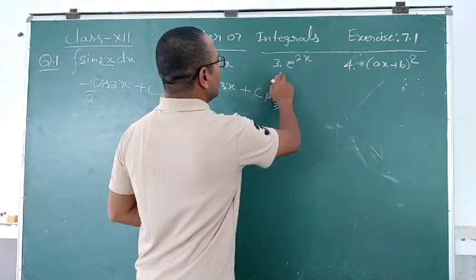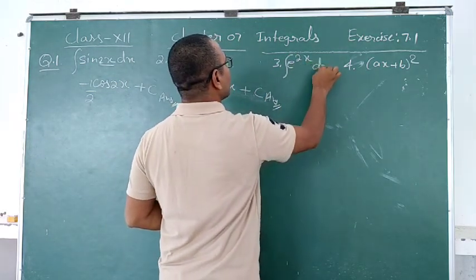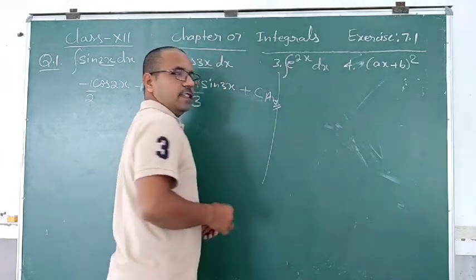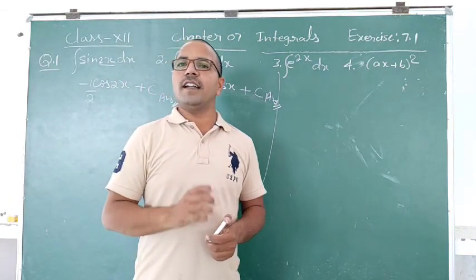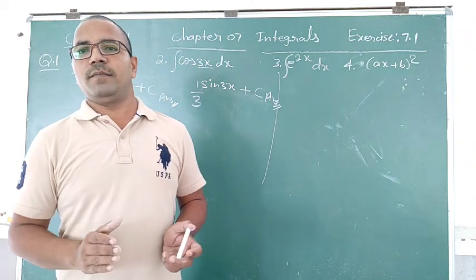Question number 3, integrate e to the power 2x with respect to x only. So the integral of e to the power x: the differentiation and the integral of e to the power x both remain the same.